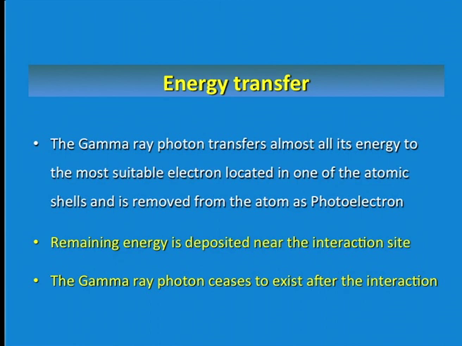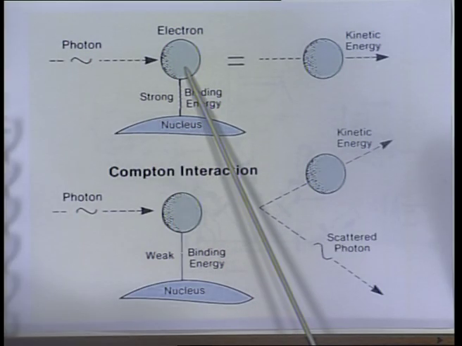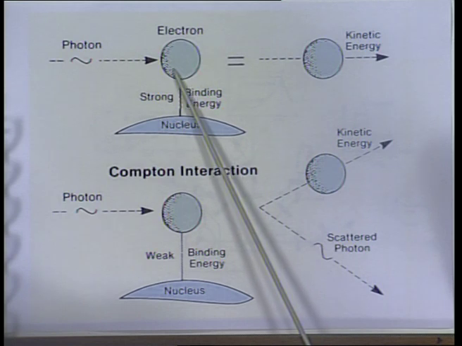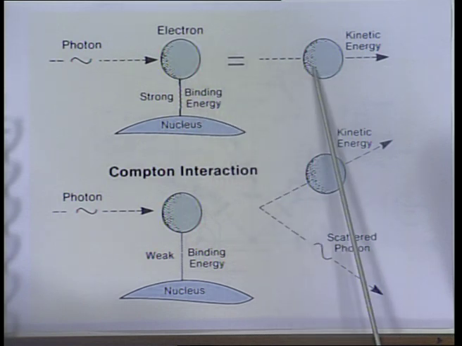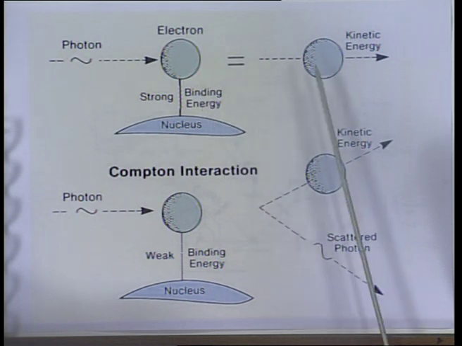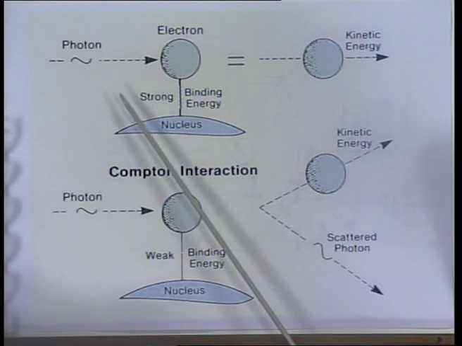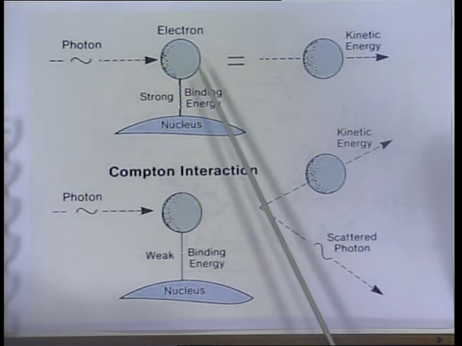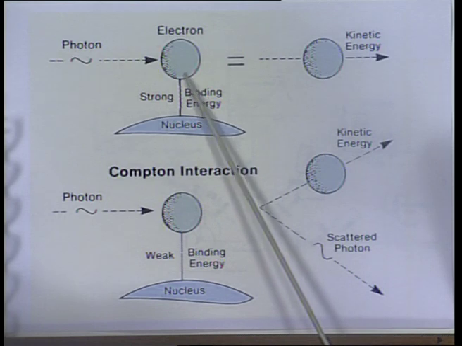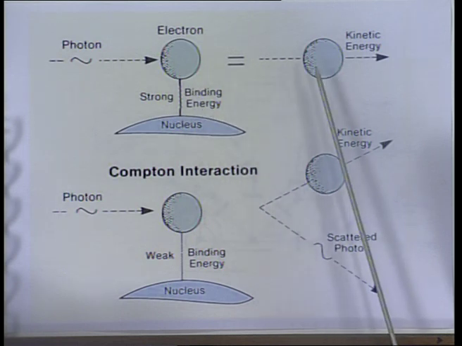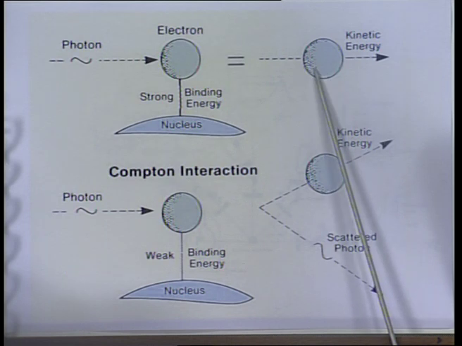The gamma ray photon transfers all its energy to the most suitable electron located in one of the atomic shells and the electron is removed from the atom as a photoelectron, which will have kinetic energy.